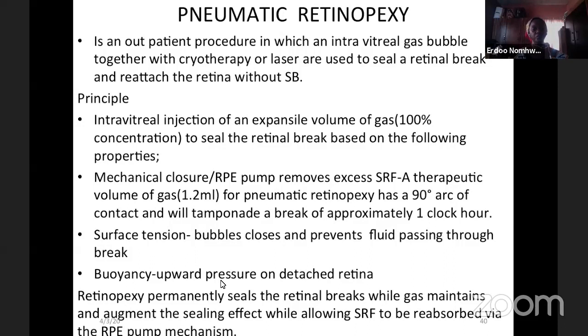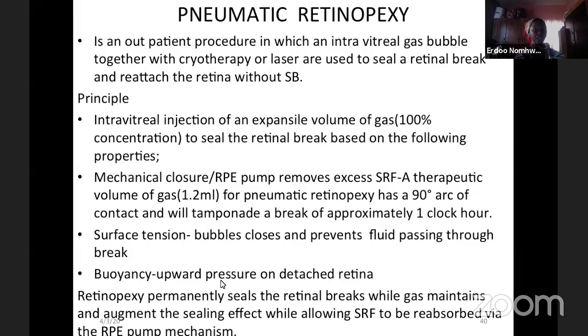The principles: there's intravitreal injection of an expansile volume of gas, about 100% concentration, to seal the retinal break based on the following properties. The properties which the gas uses to seal the retinal break are mechanical closure, surface tension, and buoyancy.